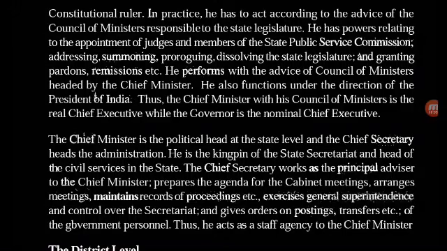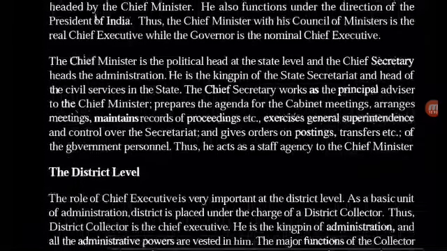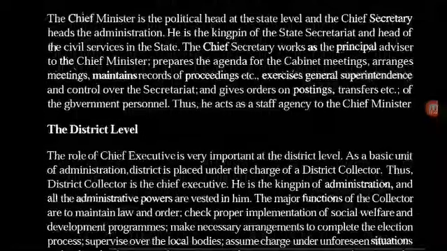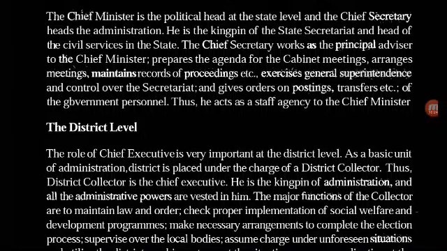He also functions under the direction of the President of India. Thus, the Chief Minister with his Council of Ministers is the real Chief Executive, while the Governor is the nominal Chief Executive. The Chief Minister is the political head at the state level, and the Chief Secretary heads the administration. He is the kingpin of the state secretariat and head of the civil services in the state.